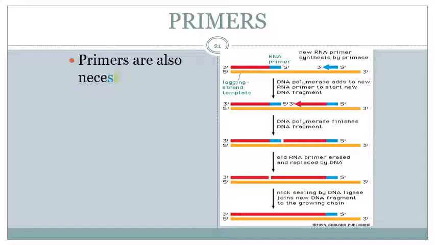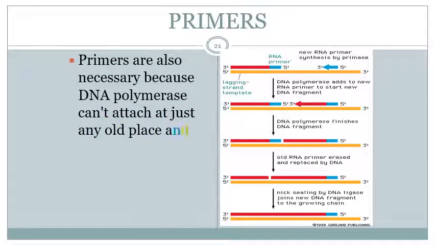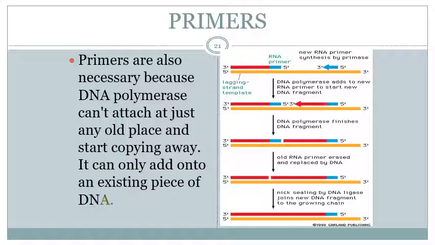Primers are also necessary because DNA polymerase cannot attach at just any old place and start copying away. It can only add on to an existing piece of DNA. In this diagram you can see, naturally occurring in the cell, this is the primer, this is the target strand, and this is the RNA primer which is complementary to our DNA template.